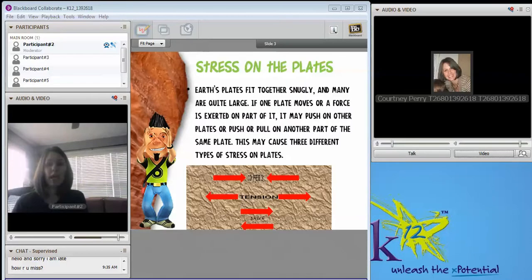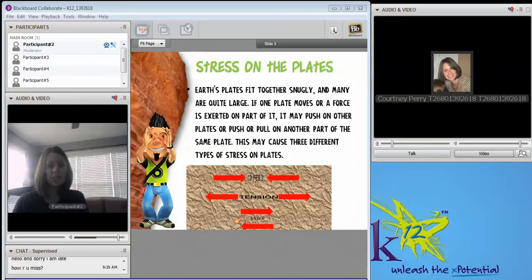If one plate moves or a force is exerted on just part of that plate, it may push on other plates or pull on another part. Or within the same plate, there may be forces pushing and pulling. So this is going to cause 3 different types of stress on plates. I know you can see these words really well on this slide, but we'll go over them. They are compression, tension, and shear. Those are the 3 words that we need to learn today.